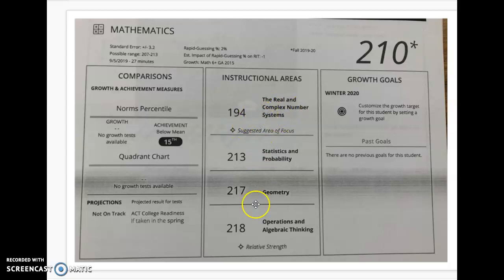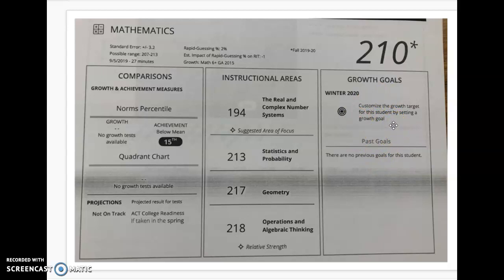Notice that it's a little bit weaker than the other 3 areas. And operations and algebraic thinking are a strength. So you've got strengths and weaknesses even within that math score. Then over here, if you've taken the MAP more than once, you get a growth goal. We don't have one at this time because y'all have only taken the MAP once.